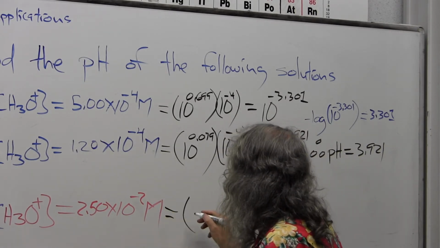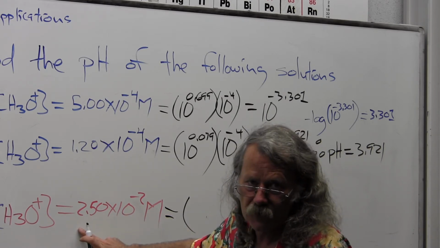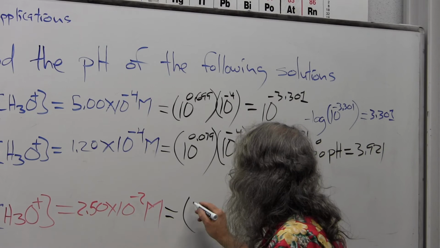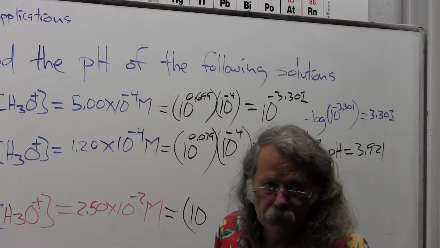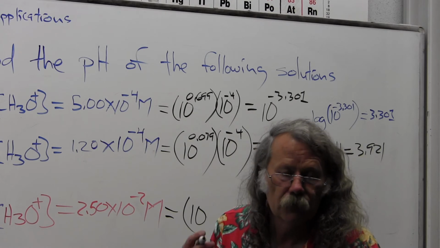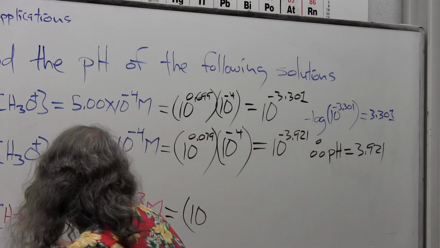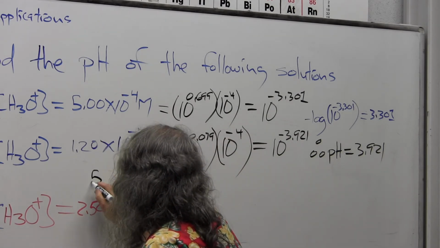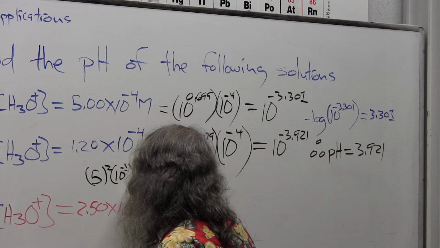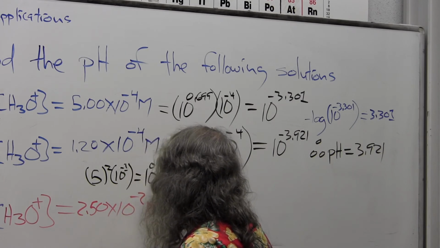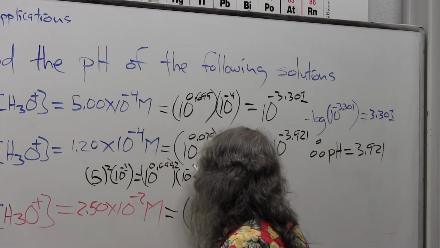That is equal to 5 squared times 10 to the minus 1, which is 10 to the, 5 is 0.699. If I square it, so let's do it this way, 5 squared times 10 to the minus 1 equals 10 to the 0.699 squared times 10 to the minus 1.